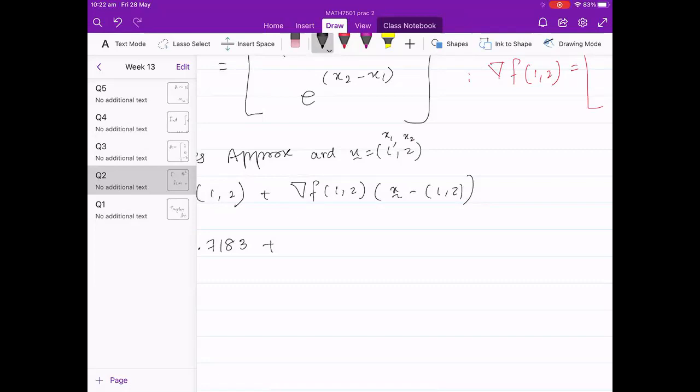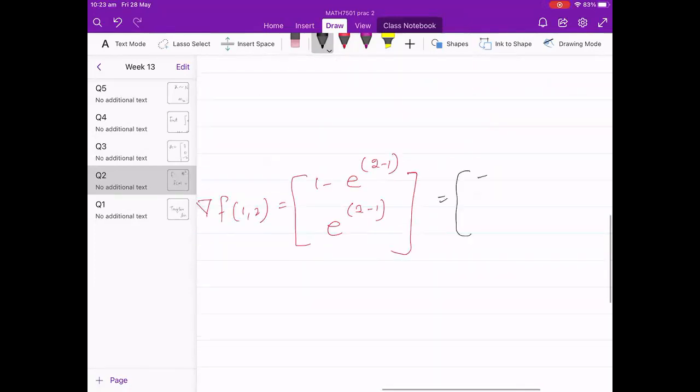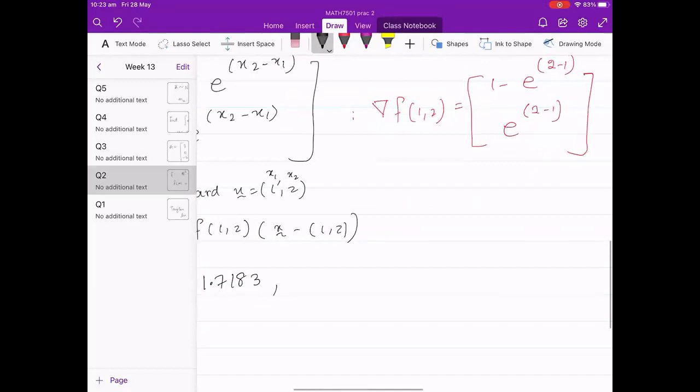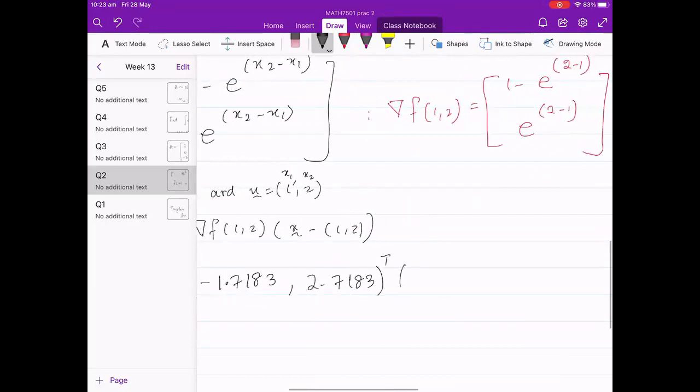When I computed that, I got the first one as -1.7183, let me check, and the second is 2.7183.